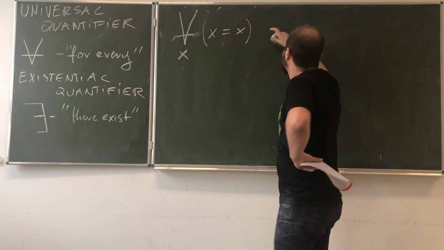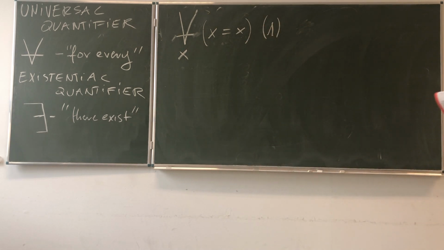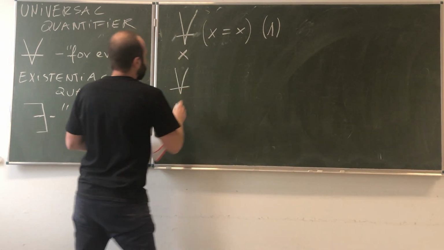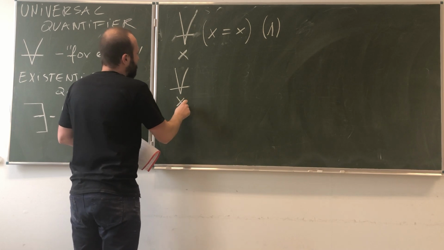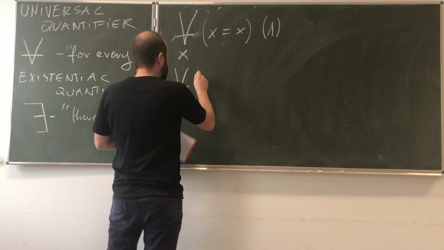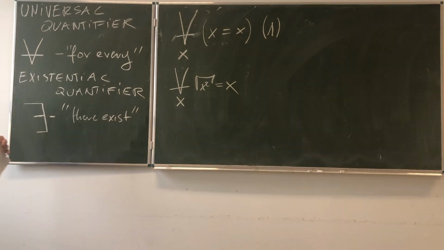Well, that is definitely a truthful statement, right? But what if we have a different statement? Like, for every x, square root of x squared is equal to x. This one doesn't look right.